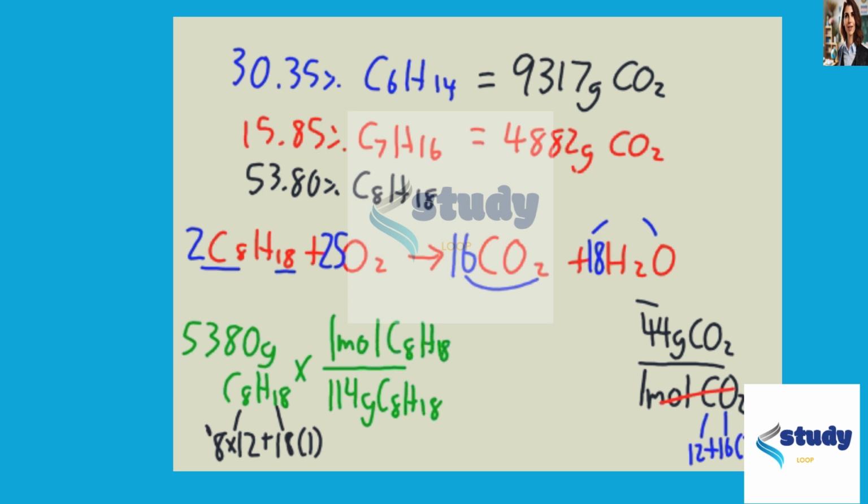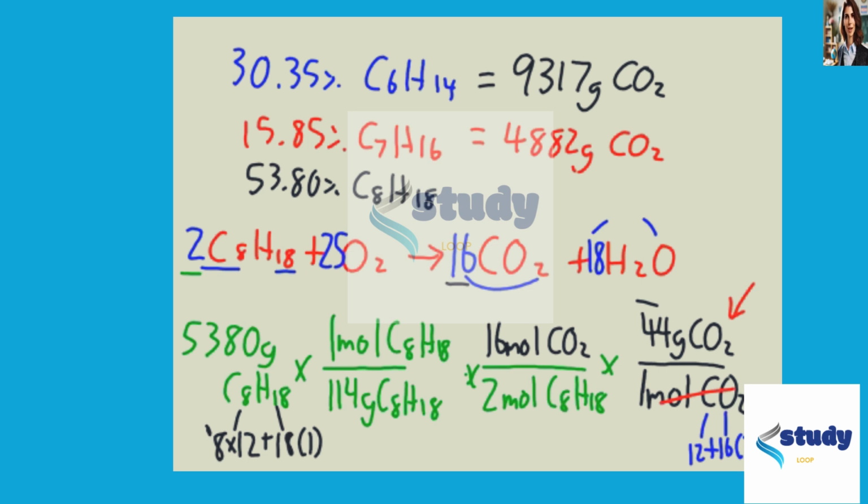From there, we know, according to our balanced equation, that 2 moles of C8H18 react every time 16 moles of CO2 will form. Once again, we can finish off with the same final step because the molar mass of carbon dioxide will not change.